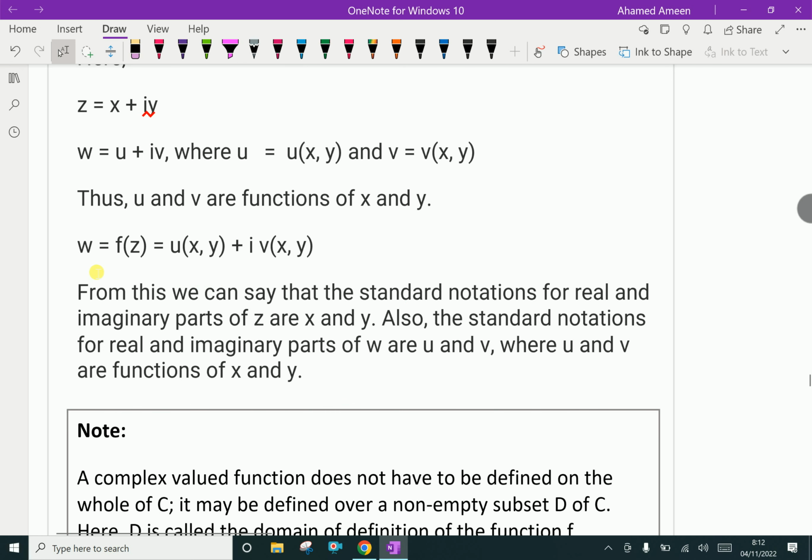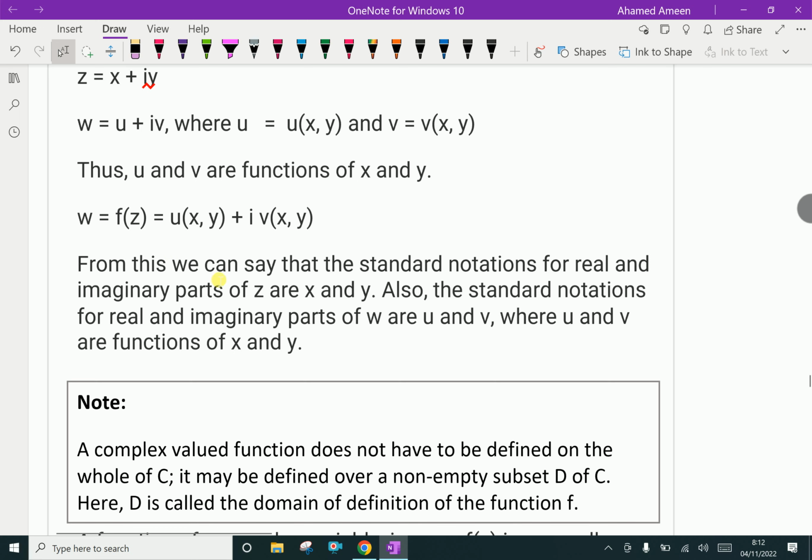Here w equals f of z, that is u of x comma y plus i times v of x comma y. This is a function w, that is w equals f of z, in terms of u and v.